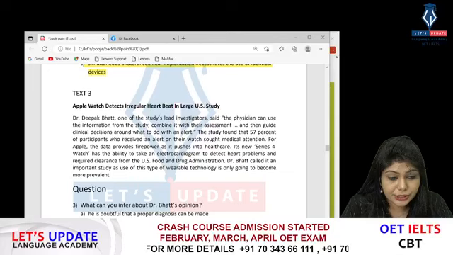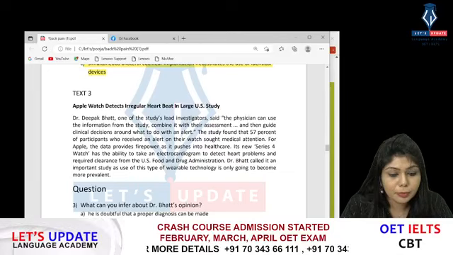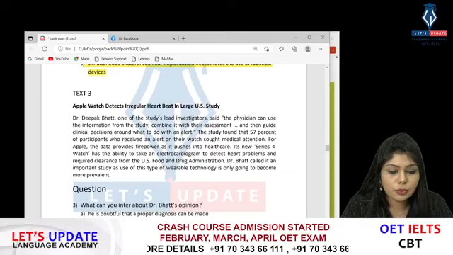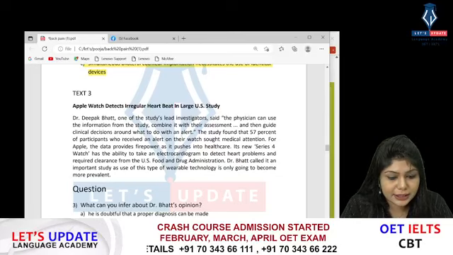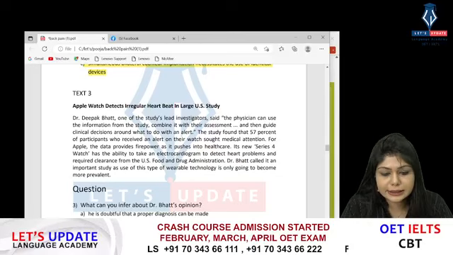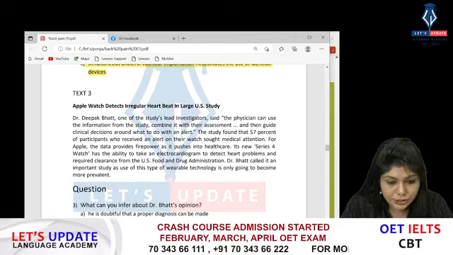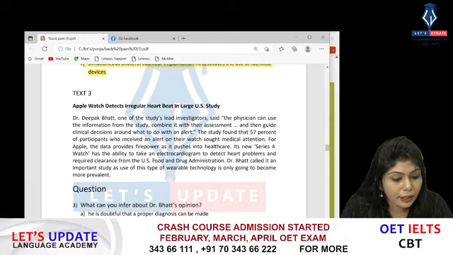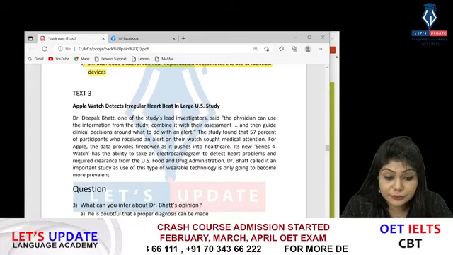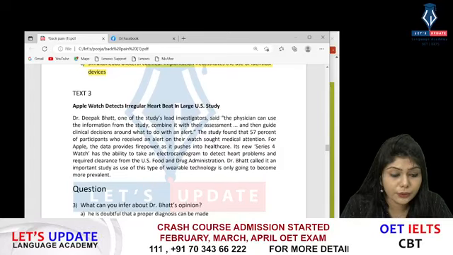For Apple, the data provides firepower as it pushes into healthcare. Its new Series 4 watch has the ability to take an electrocardiogram to detect heart problems and required clearance from the US Food and Drug Administration. Dr. Bhatt called it an important study as use of this type of wearable technology is only going to become more prevalent.